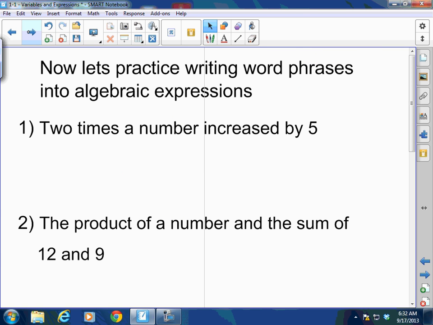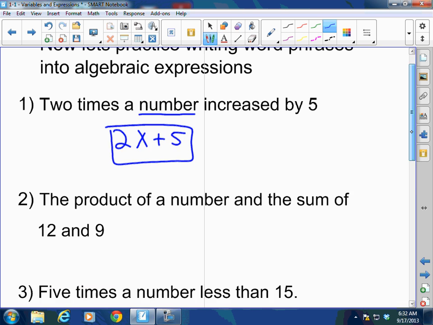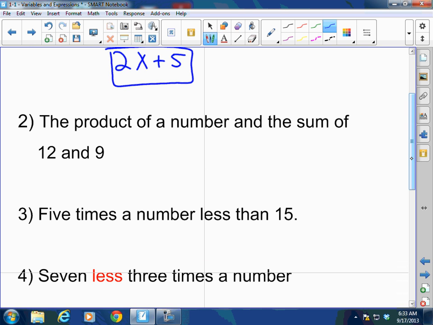Now let's practice writing word phrases into algebraic expressions. Okay, 2 times a number increased by 5. Well, 2 times a number is my unknown, so 2x increased by, that's addition, by 5. The product of a number and the sum of 12 and 9. So the product, that's multiplication, of a number, that's my unknown, and the sum of 12 and 9.